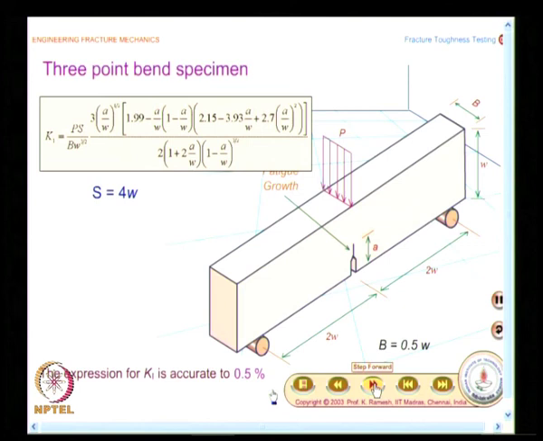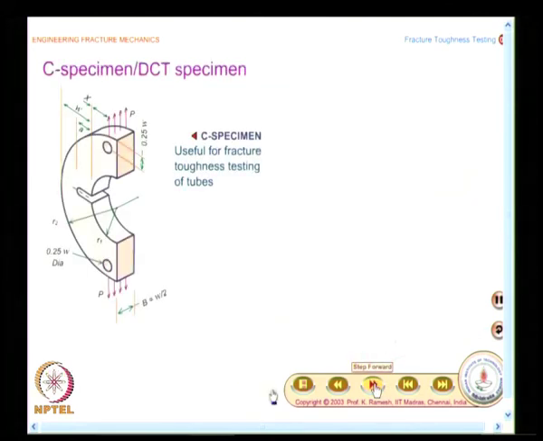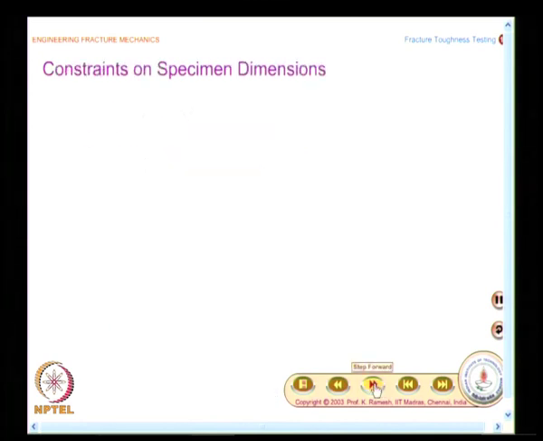And you also have other specimens. We would see that in the next class, and we would look at 2 issues. What are the constraints on specimen dimensions, which we have already looked at? You need to have B to be greater than 2.5 times K1C divided by sigma ys whole square, and we would also see some of this in the next class.